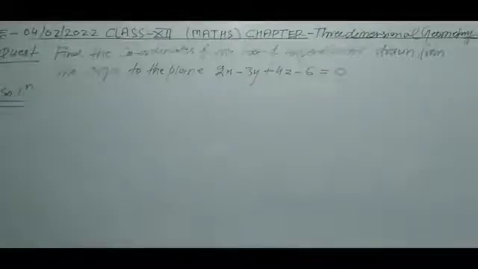So this is the given equation of the plane, and we have to find the coordinates of the foot of perpendicular. So first of all, we have to write this equation of the plane in normal form.